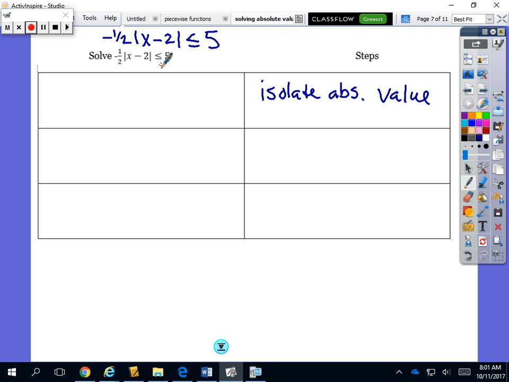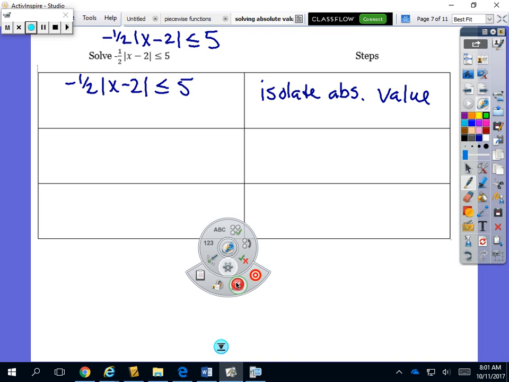Okay, so to solve this one, I have to multiply by the reciprocal of this number on both sides. So I will multiply by the reciprocal of negative 1/2. Well, the reciprocal of any number is still going to have the same sign. So the sign of the reciprocal of this is negative.